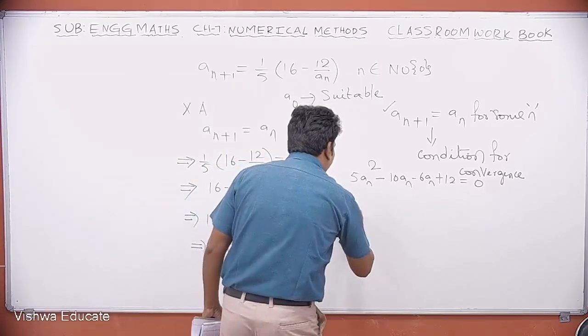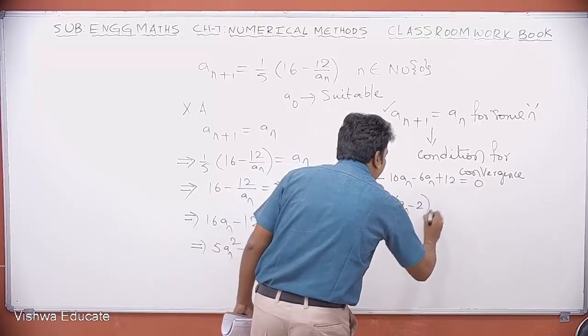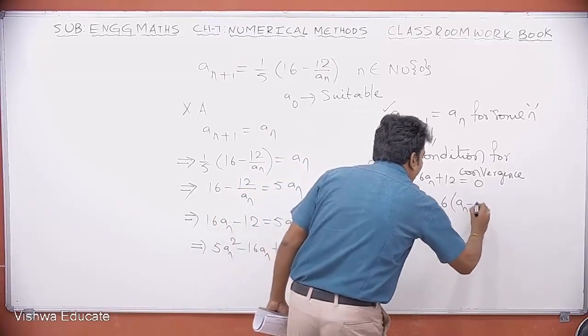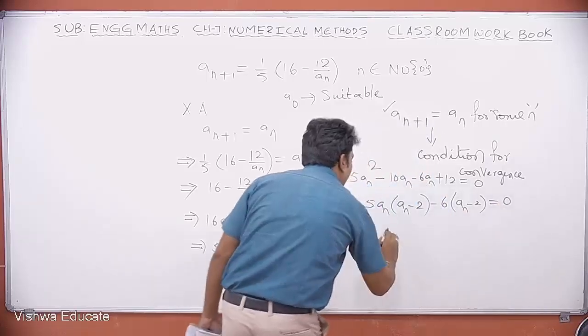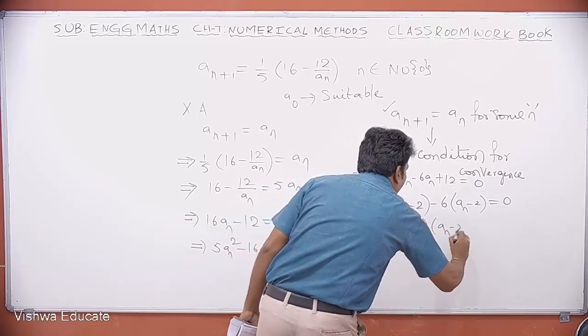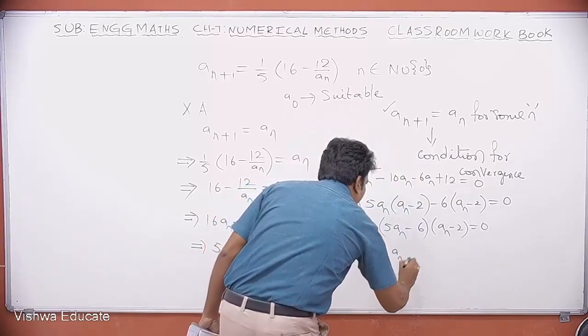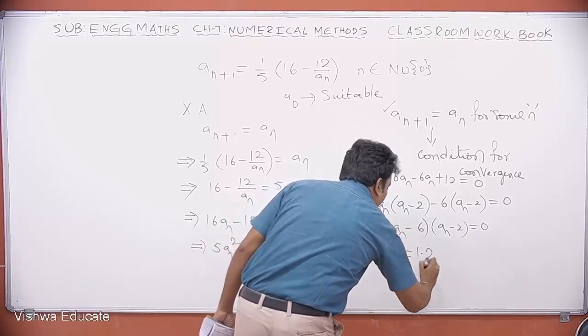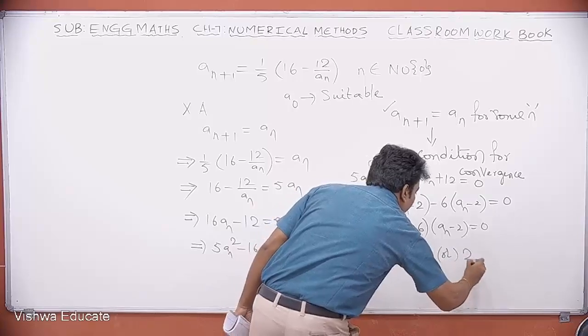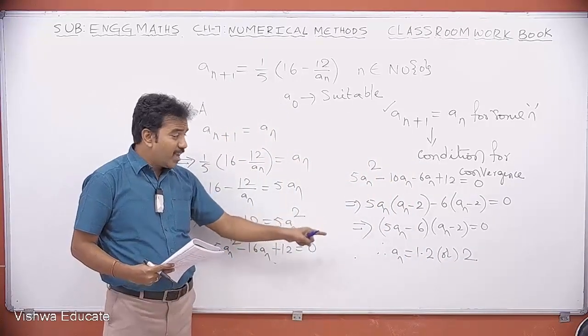Therefore 5 a(n) you can take common: 5 a(n) into a(n) minus 2, minus 6 into a(n) minus 2, equal to 0. Group this, you will get 5 a(n) minus 6 into a(n) minus 2 equal to 0. Therefore a(n) can be 6 divided by 5, that is 1.2, or 2.